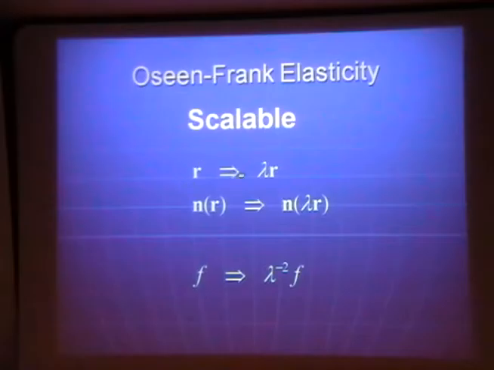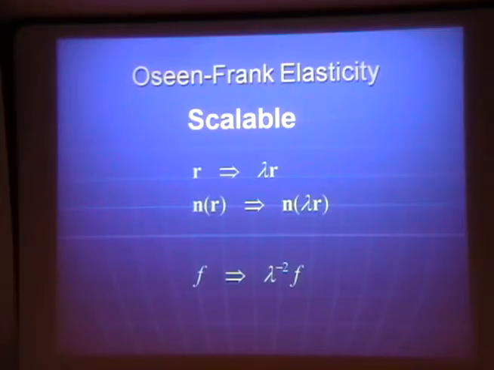If you scale the position vector by a factor of lambda, if n(r) is the equilibrium distribution of the vector on any aligning surface, then the scaled function n(lambda r) is also a solution. So the whole thing is just scalable.